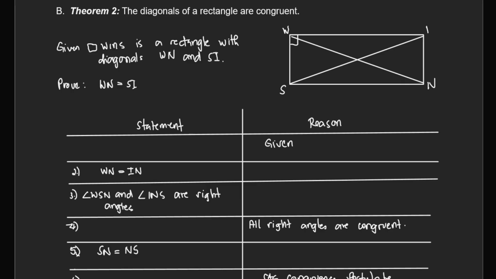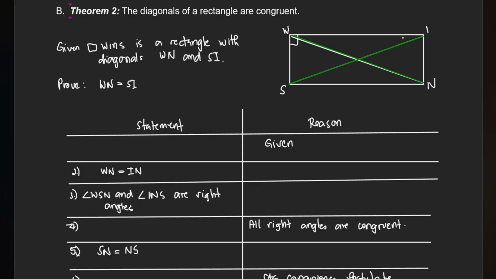For example, yung line na to, papunta dito, that is an example of diagonal. And from point S to point I, that is an example of diagonal. Okay? So basically, pag nag-cut ito ng isang parallelogram, then that is diagonal.